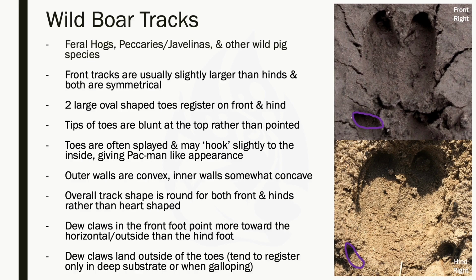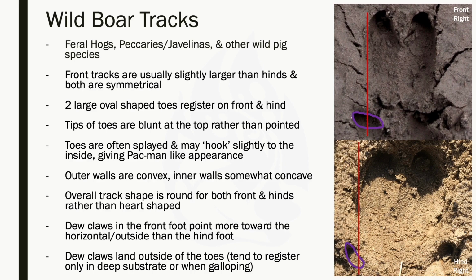But a key fact that's different between them is the position of those dew claws relative to the toes above them. So we can see here that the dew claw in this front foot, a good portion of it lies outside of the toe of the front foot. And sometimes the entire thing, the way it will register, will be outside almost the entire toe.